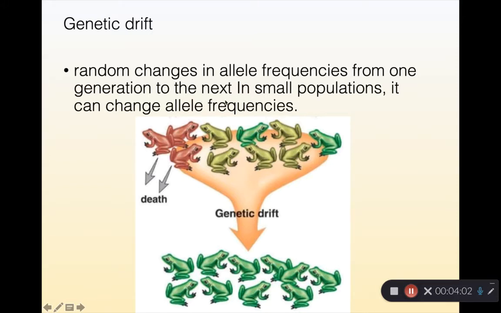This is particularly prevalent in small populations because genetic drift is going to influence small populations much more than large populations. Here we have a picture of these frogs, and these red ones die out, and then through chance, these green ones become the prevalent allele that's passed down in the next generation. So we're seeing genetic drift happening, again a random occurrence, creating this new population.